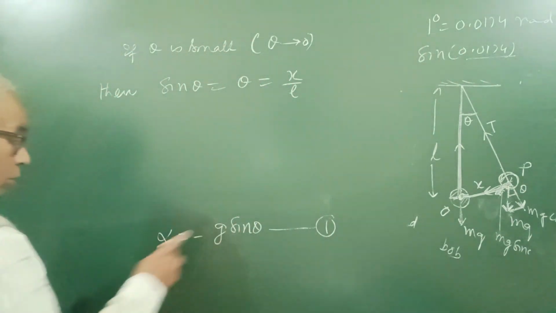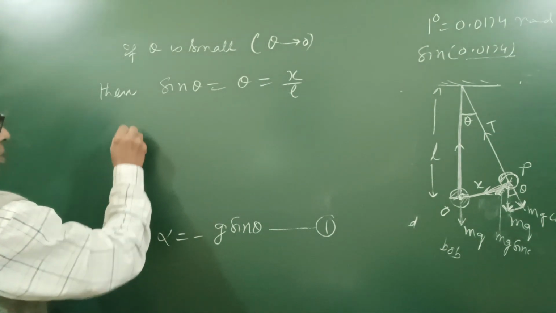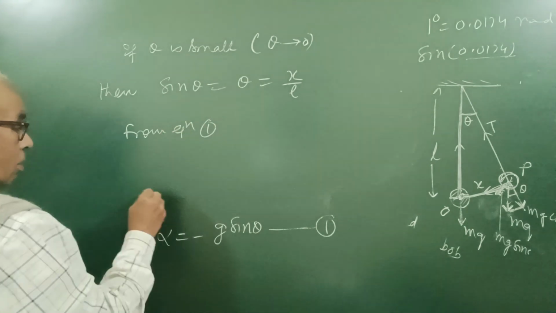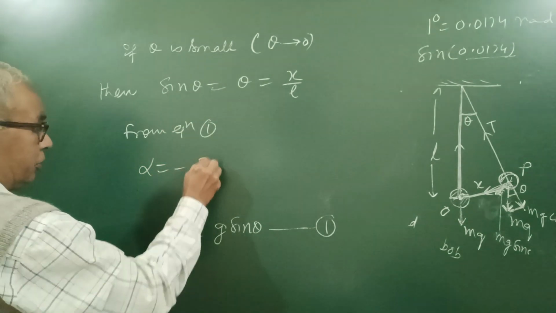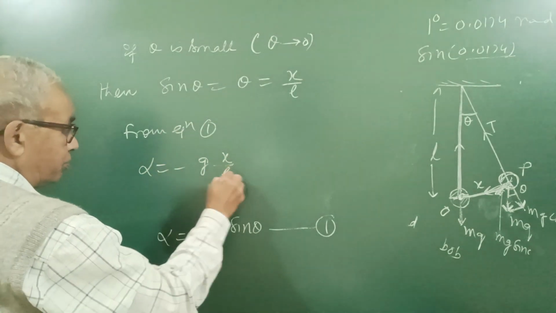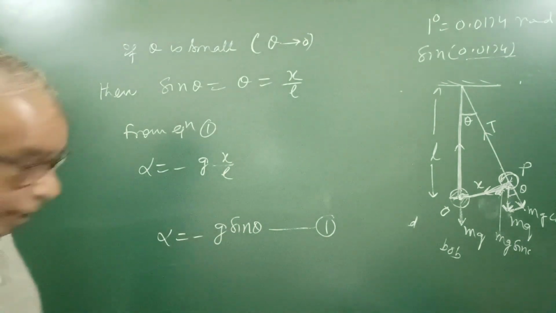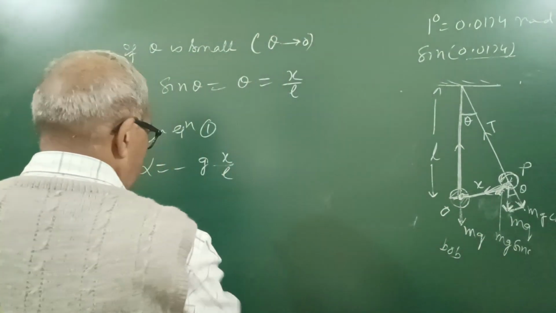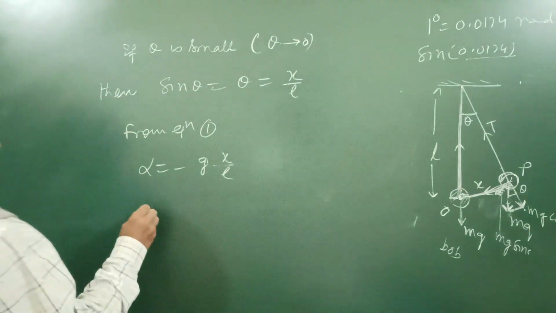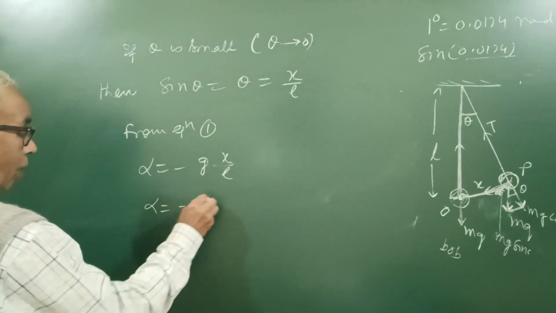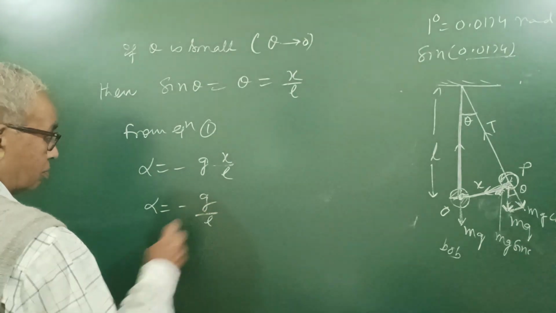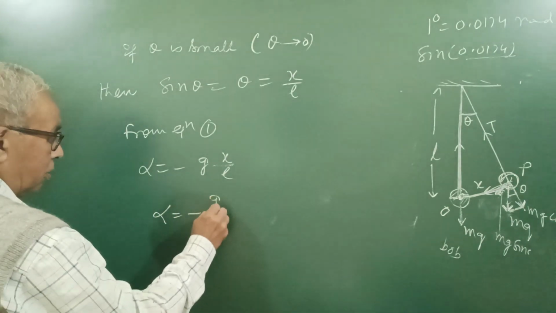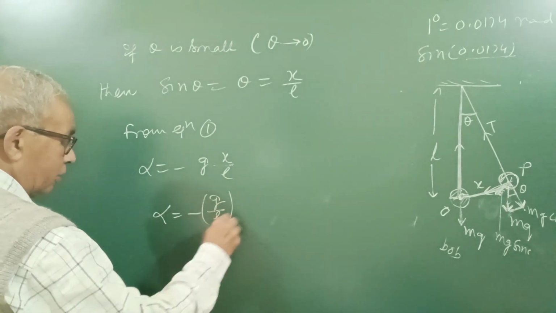So from equation 1 we get alpha equal to minus g x upon L. What is x? Displacement from the given position, and L is the length. Alpha is equal to minus g by L into x.